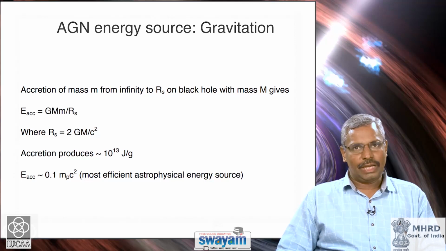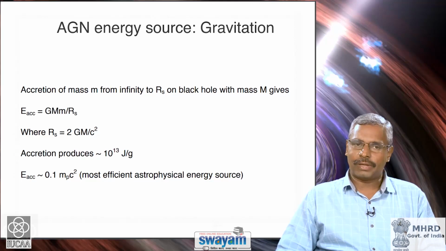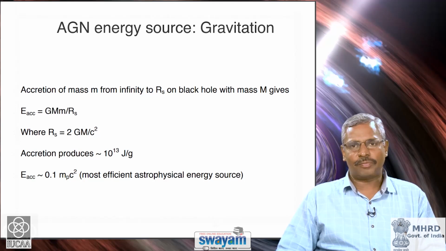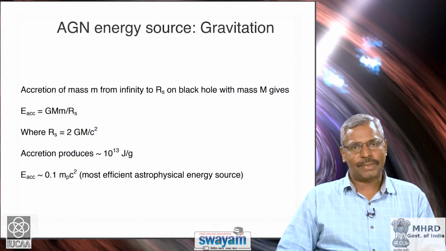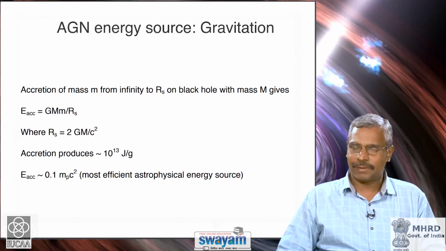The energy source for active galaxies is mainly accretion, which is a very efficient way of producing energy in AGN, with an efficiency of the order of 10%. For comparison, nuclear fusion, which happens in stars, has a very low efficiency, of the order of 0.7%.